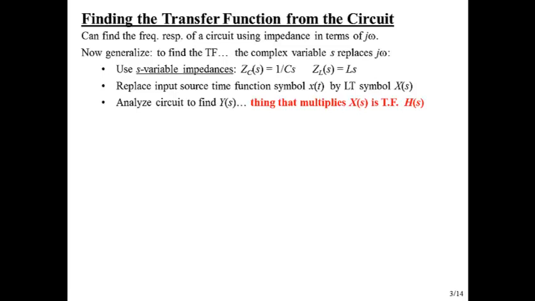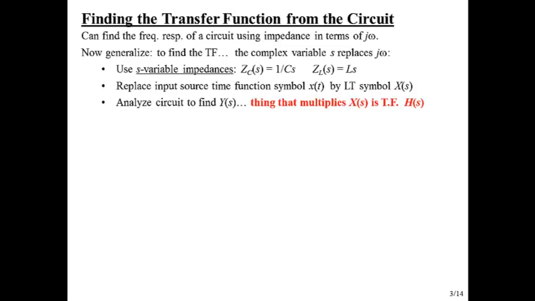However, for continuous time systems, sometimes the system is a circuit, and we can write the transfer function immediately by analyzing the circuit rather than having to first find the differential equation.